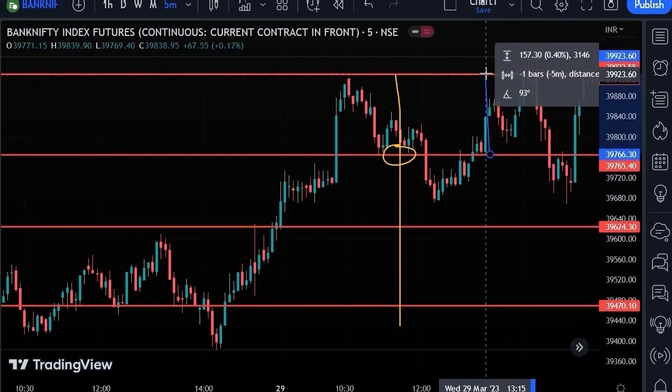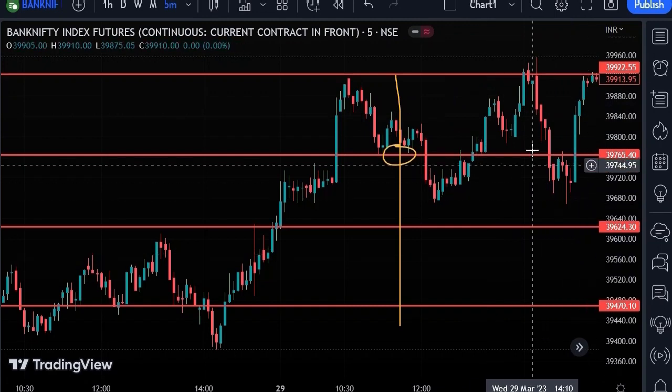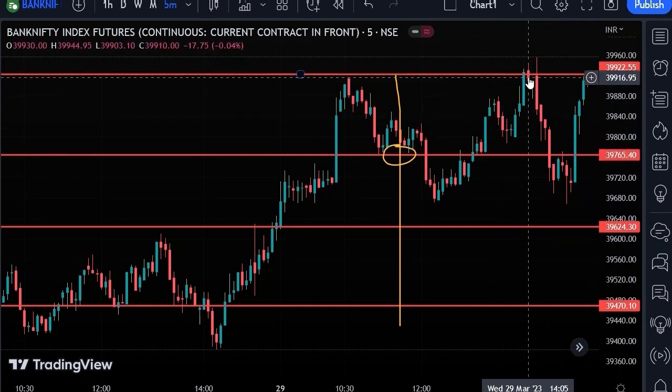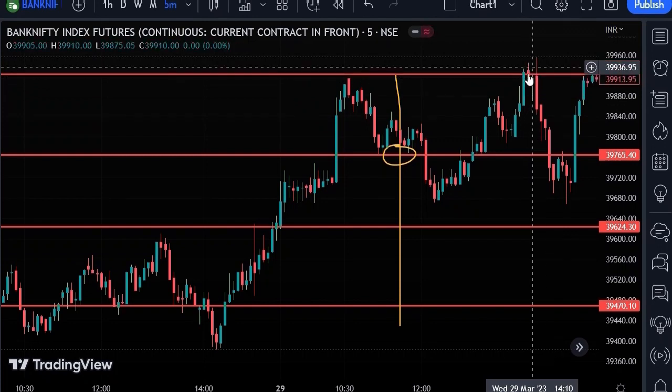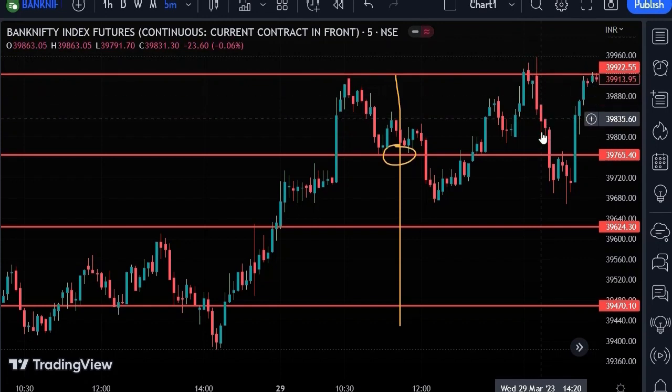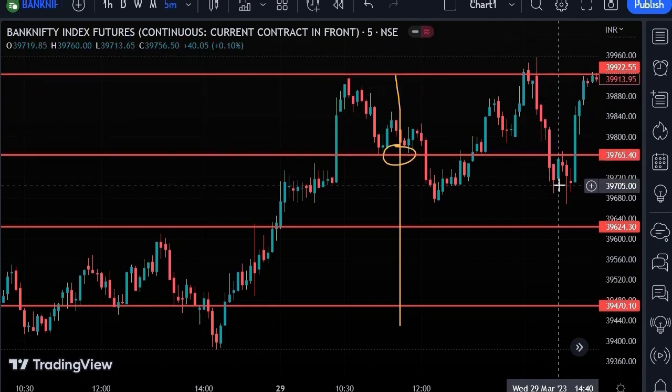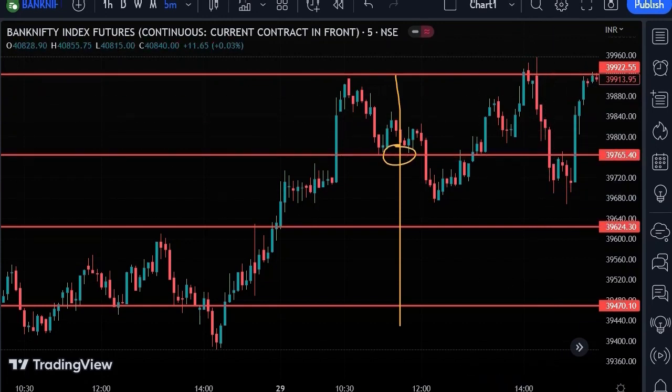And then after sustaining above the second magic level, you can see the price moves up and touches the first resistance of the magic level, which is actually around 150 points in Bank Nifty. So you can imagine 150 points in Bank Nifty in a single day.